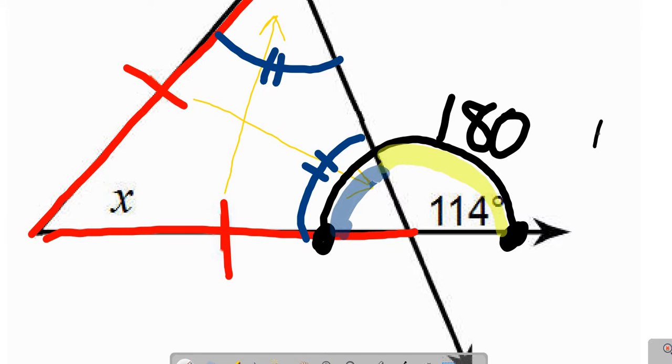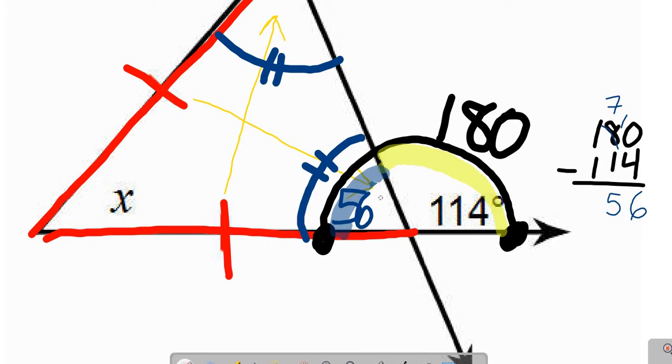Okay, what you should have noticed, you should have been doing, it's 180 minus 114. And we got 56 degrees. Now remember, I think in one of my previous talks, we talked about vertical angles. Simply trace these two straight lines for me, Samina.